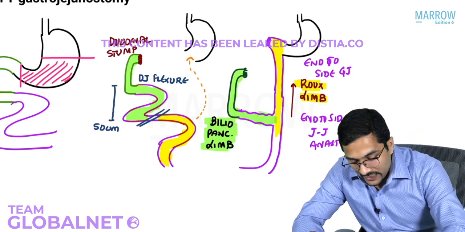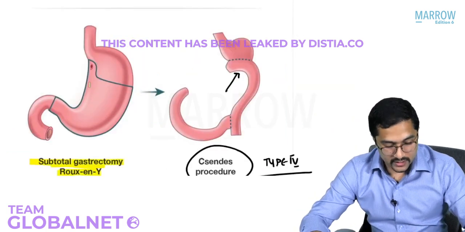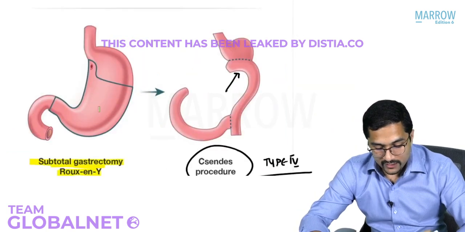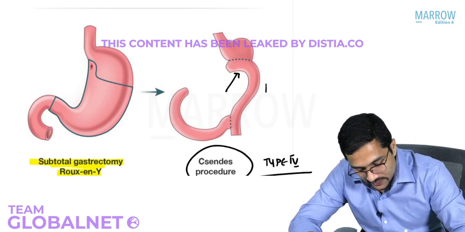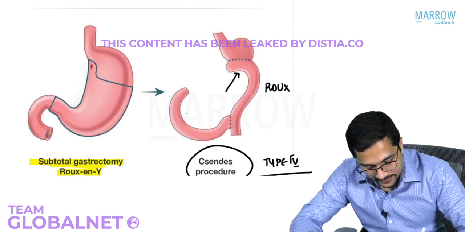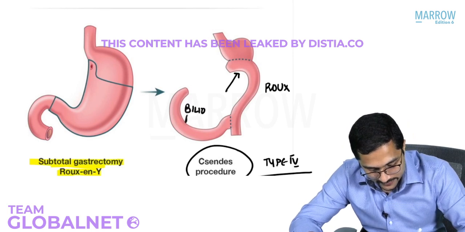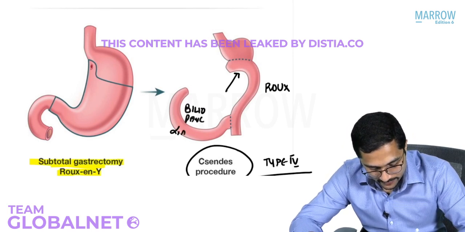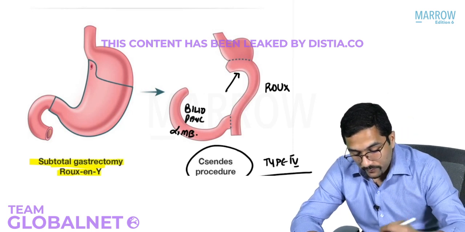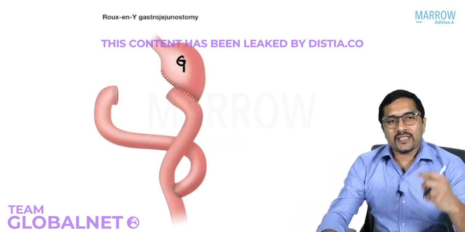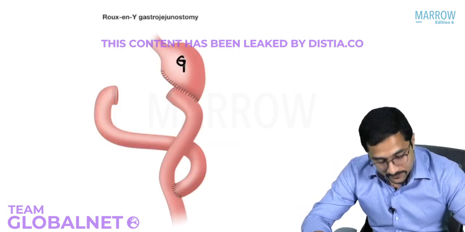Like I showed you when we were doing the gastric procedures, after a subtotal gastrectomy you will land up with this Roux-en-Y kind of picture, where this is the Roux limb and this is the biliopancreatic limb. And this gives you the Roux-en-Y orientation. Another image which is depicting the same. This is the stomach.